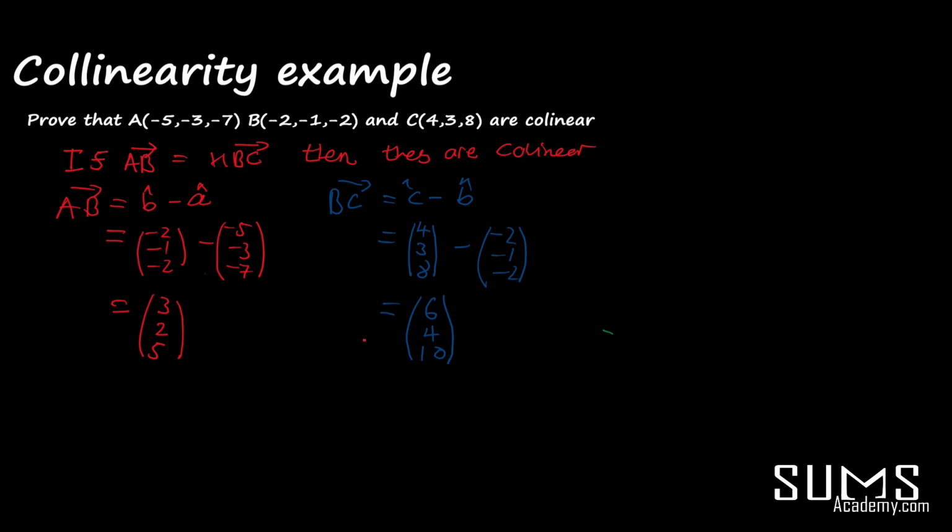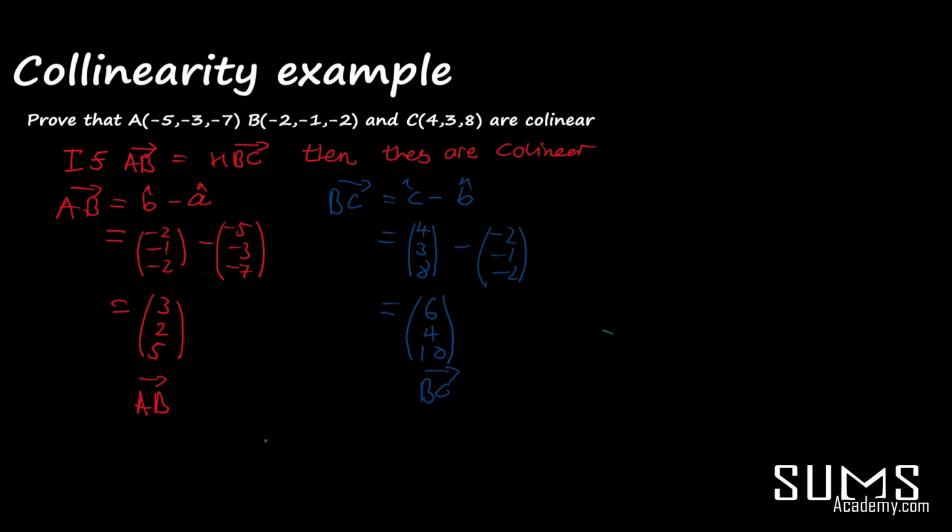Okay, so now you want to compare these two vectors. You've got AB down here, and you've got BC over here. Looking at this, 3 is half as big as 6, 2 is half as big as 4, and 5 is half as big as 10.